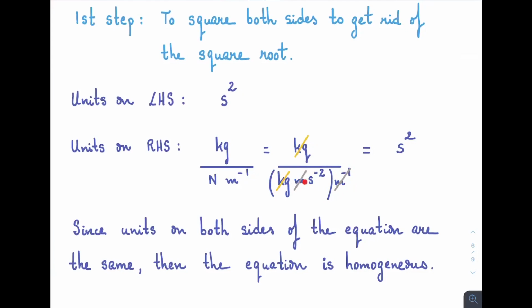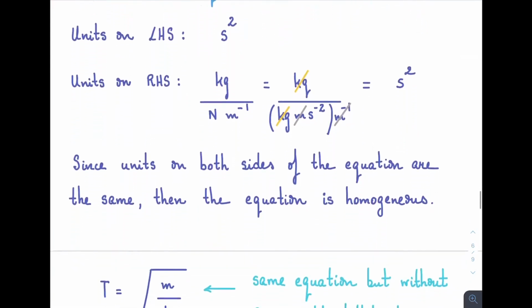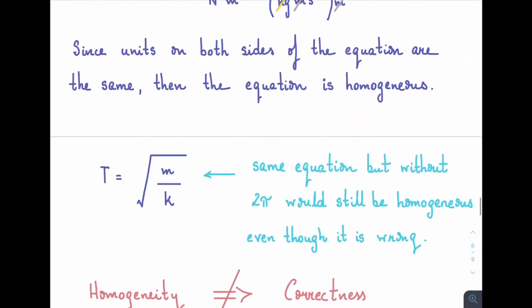So we are left with second to the -2 in the denominator. If we shift this into the numerator, it becomes second squared, like what we had on the left-hand side. So the conclusion is that since units on both sides of the equation are the same, the equation is homogeneous. This is how you should handle these kinds of questions.